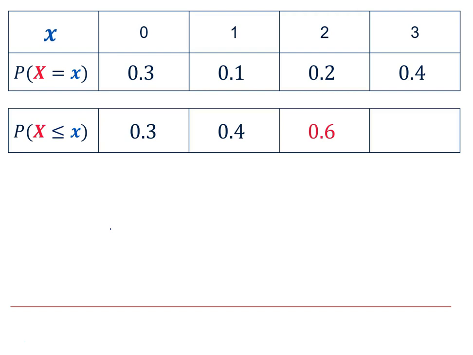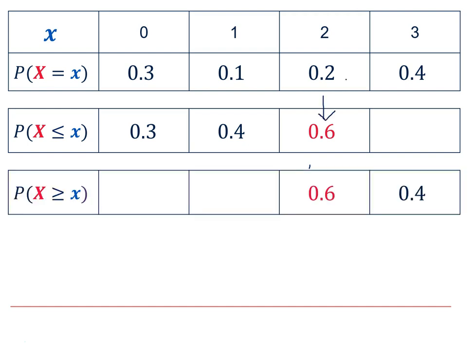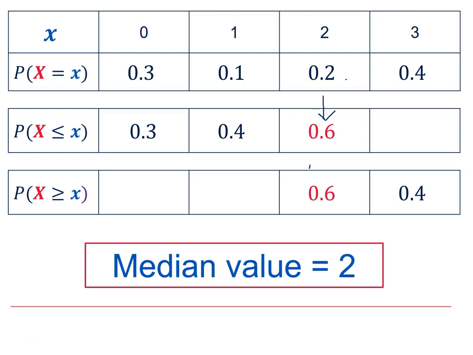And if we have a look at this, going less than or equal to 0, 1 and 2, when we get to 2 we have a value of 0.6, so our median is going to be x equals 2. And we get the same answer obviously if we work greater than or equal to and work down from 3. So again here the median equals 2.